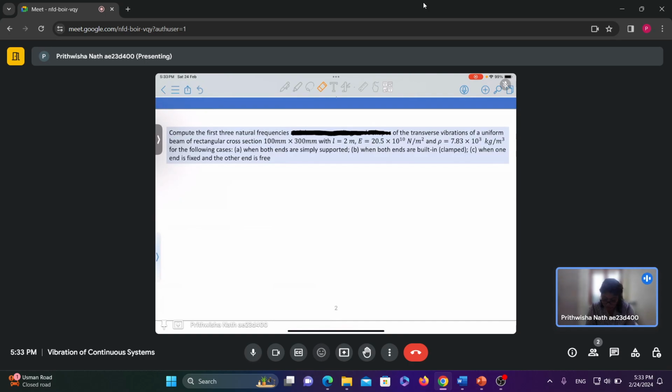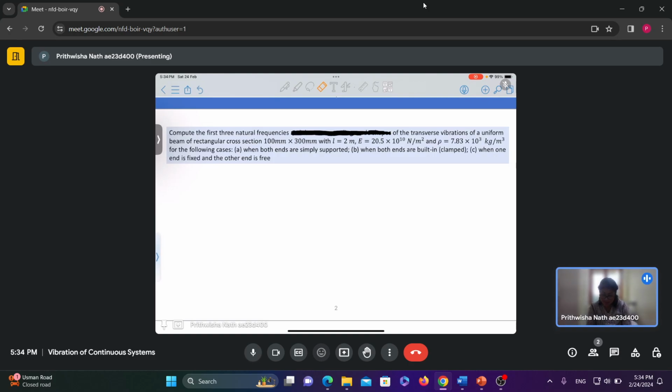Compute the first three natural frequencies of the transverse vibration of a uniform beam of rectangular cross section 100 mm by 100 mm by 300 mm, with L equal to 2 meters, E equal to 20.5 into 10 to the power 10 Newton per meter square, and density 7.83 into 10 to the power 3 kg per meter cube.